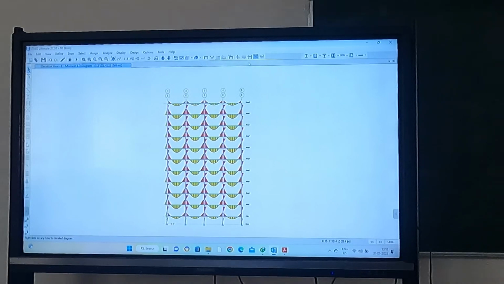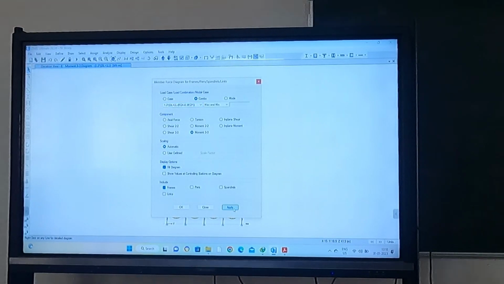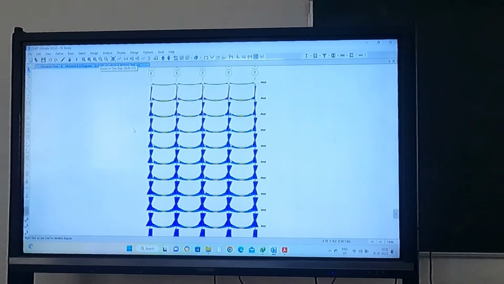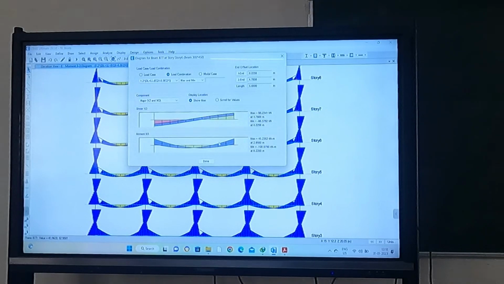And similarly, let's say one for earthquake load. Now you see, M3 maximum is 45 and minimum is minus 100.